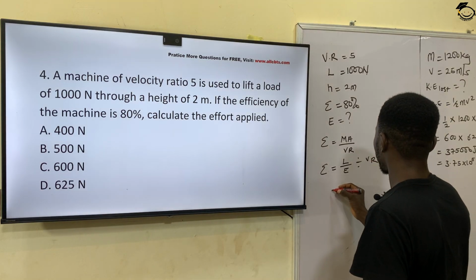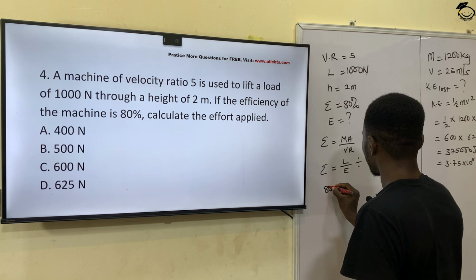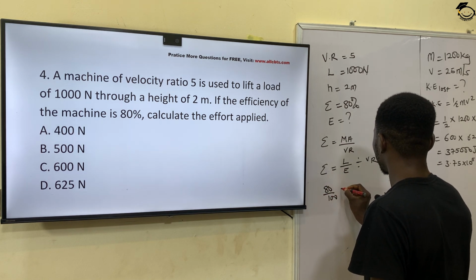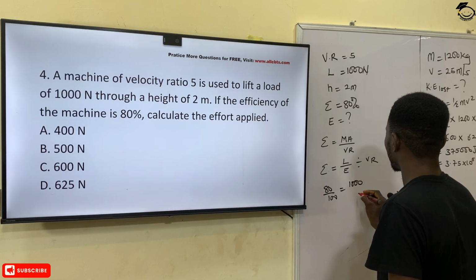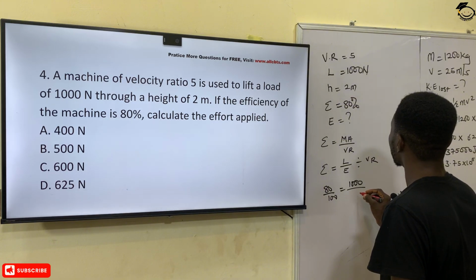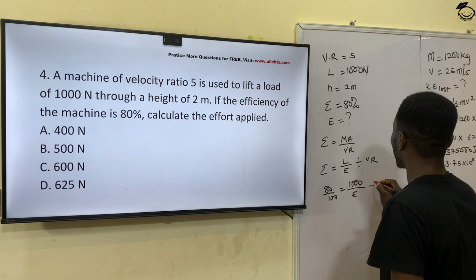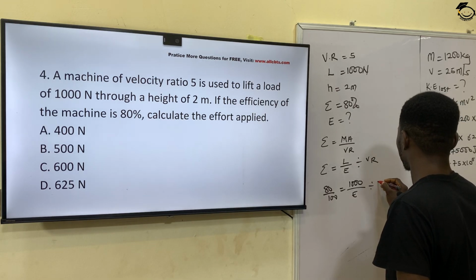My efficiency, which is 80%, so 80 over 100, is equal to my load, 1,000, over my effort, which is unknown, divided by the velocity ratio, which was given as 5.